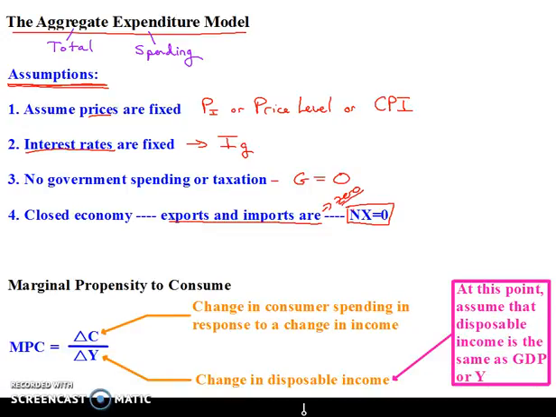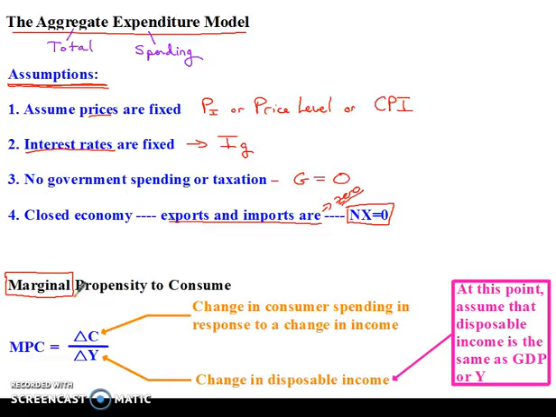Now, central to this model is a new concept called the marginal propensity to consume. Let me use some additional language to describe this. For marginal, we would say additional, which is what margin means, as we talked about in previous videos.